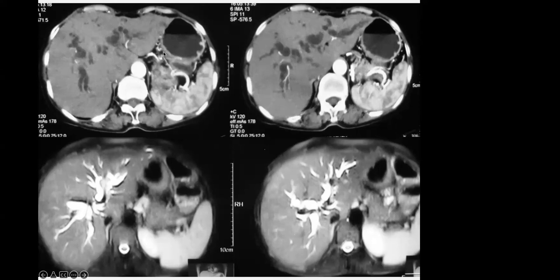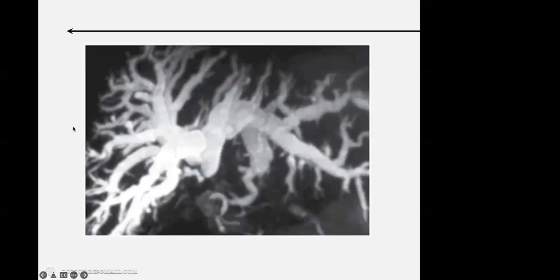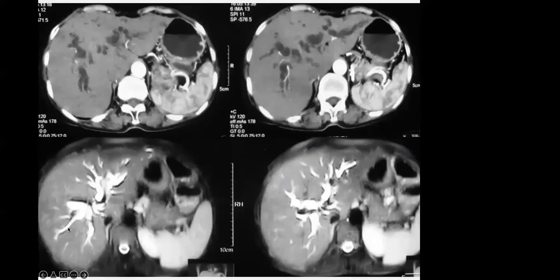This is a contrast enhanced study. That's why the aorta is so white, right? There are a few arteries adjacent to it, this is the porta hepatis area. So this is probably the left hepatic artery. This is the splenic artery. All are taking contrast and appear bright or white. This is the spleen. And the spleen appears different in different phases of a contrast study.